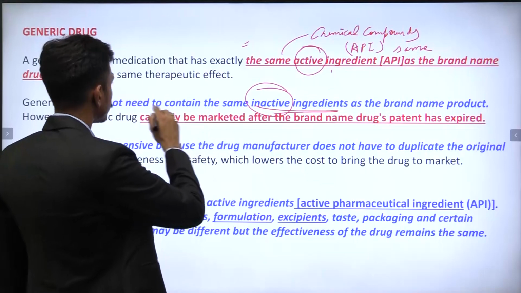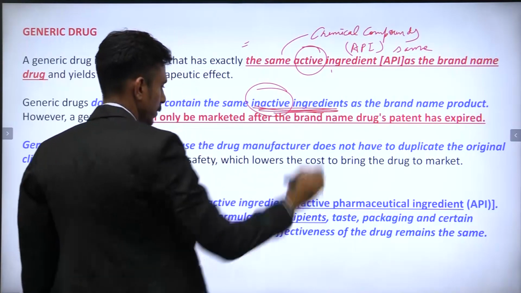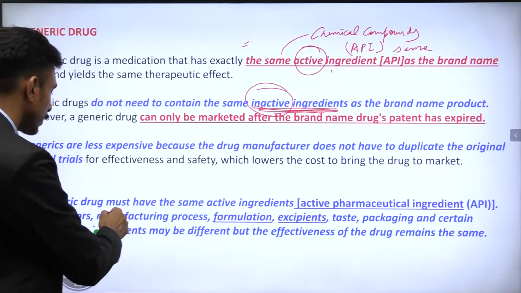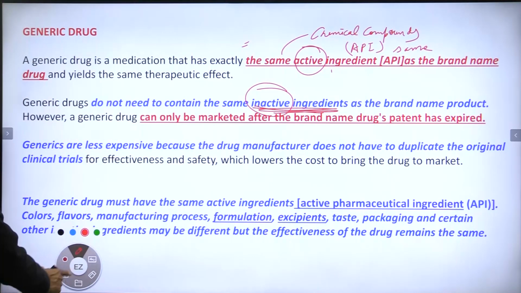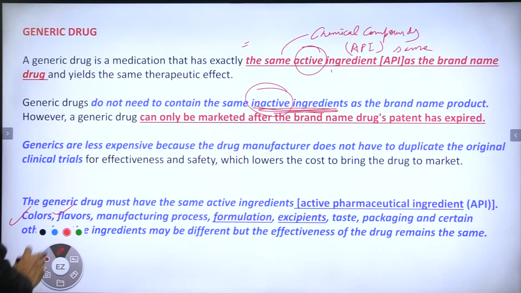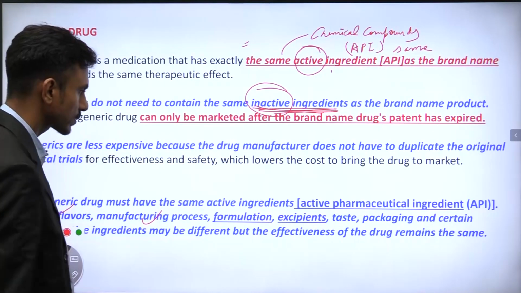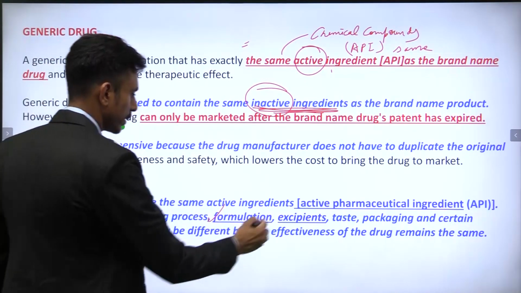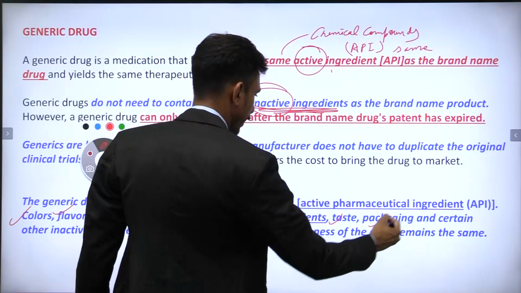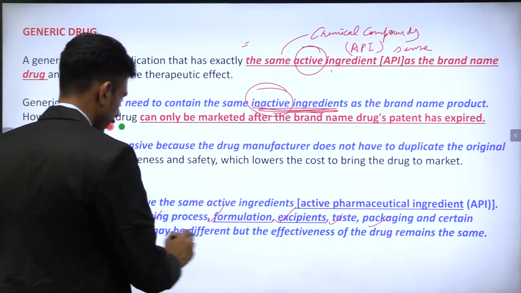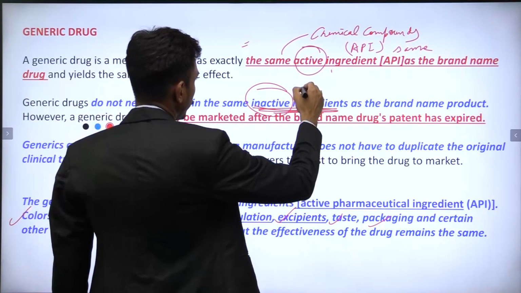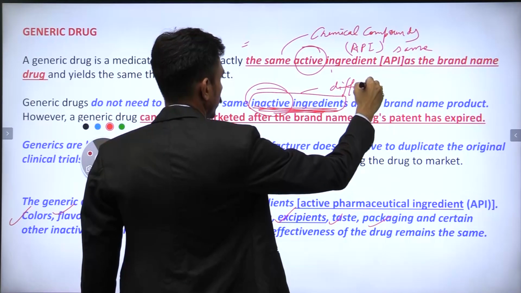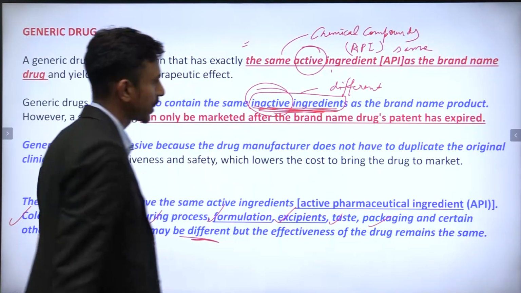Now the difference is in the inactive ingredients, right? Inactive ingredients include characteristics like color, flavor, manufacturing process, formulation, excipients, taste, packaging, right? They may be different. So as far as the inactive ingredients are concerned, they may be different for the generic drugs and the branded drugs.